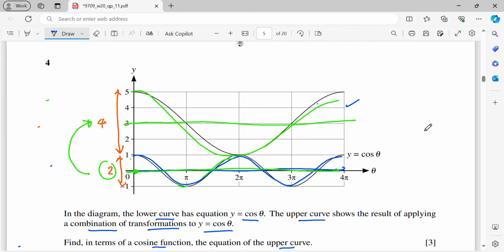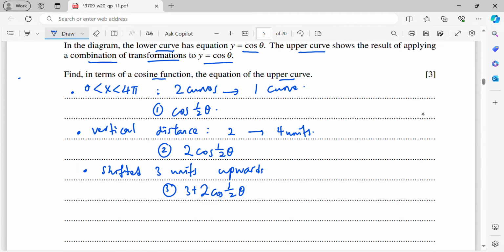That means my new graph, the equation of the upper graph, is basically y equals 3 plus 2 cos half theta. So that is my new curve, and these three are the transformations.